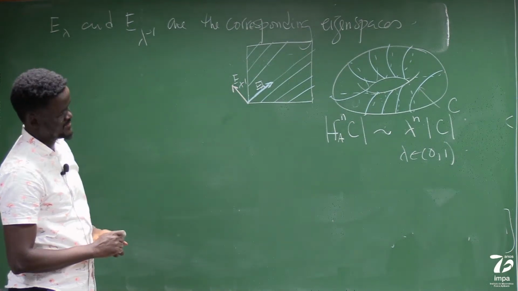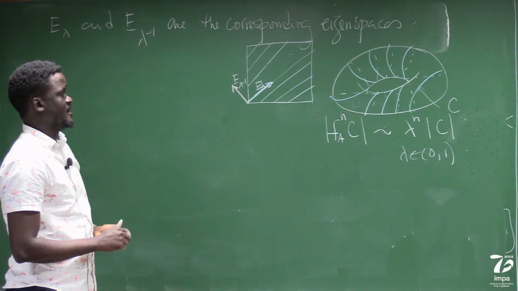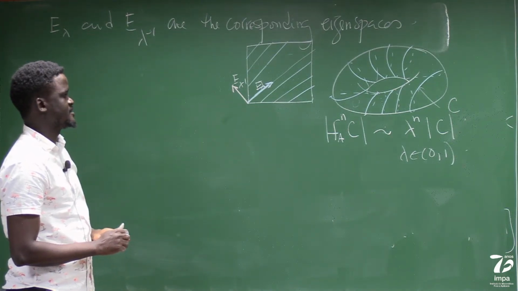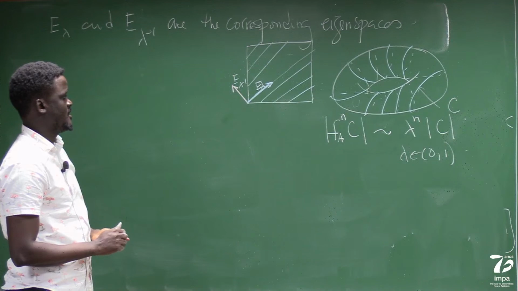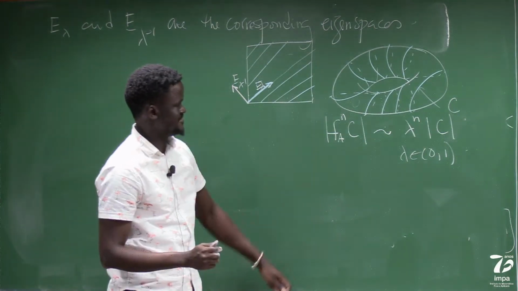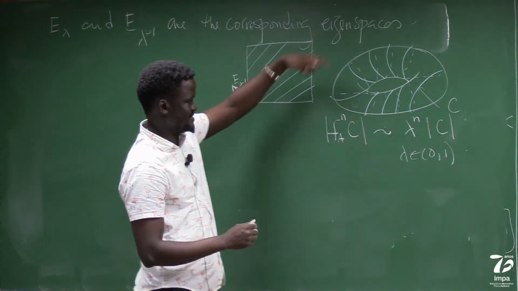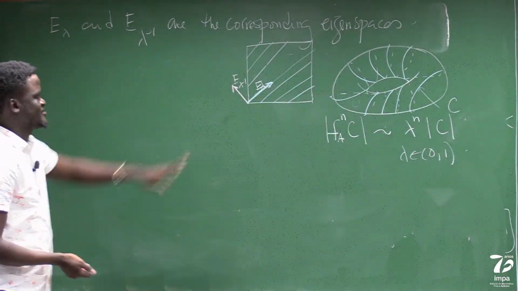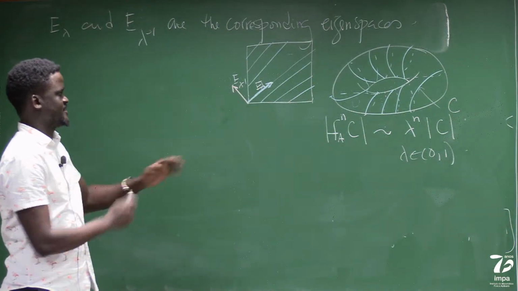That's why this guy is dense, okay? This guy is dense. This curve doesn't close up, it just goes around. For the same reason also you would have this.